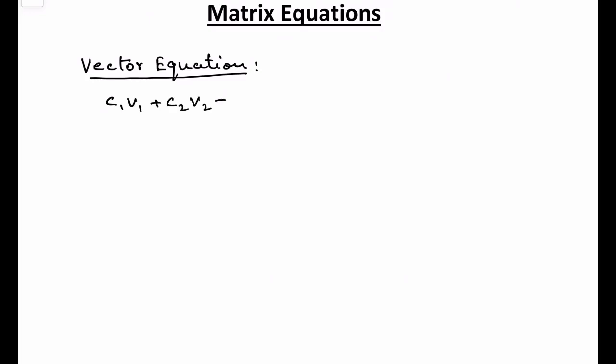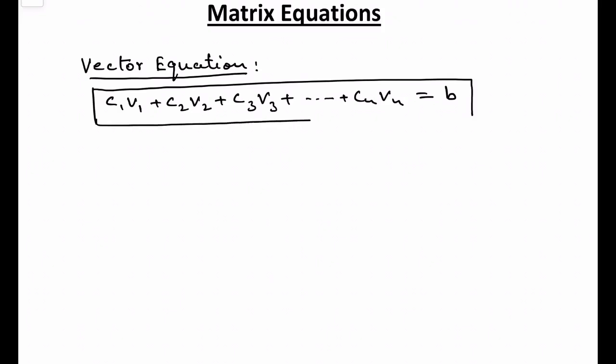Hello guys, for today our topic is matrix equations. But before that, let's review the vector equation, which is c1v1 plus c2v2 plus up to cnvn is equal to b.